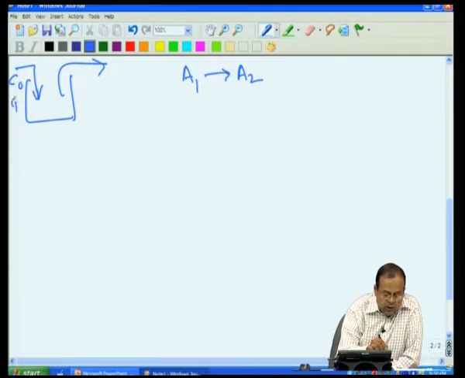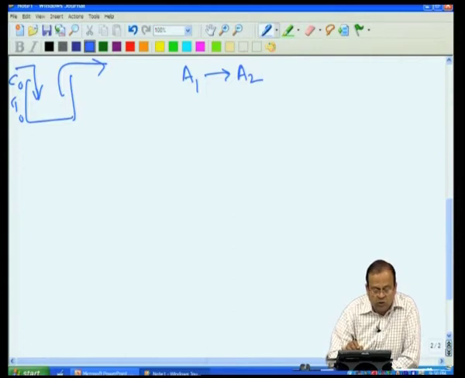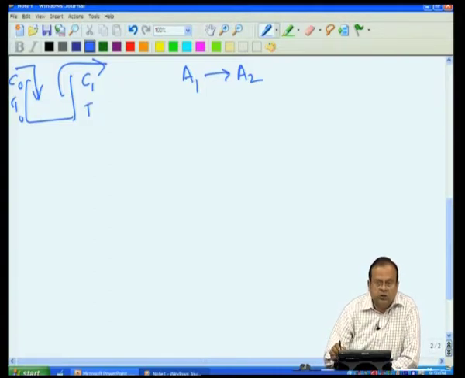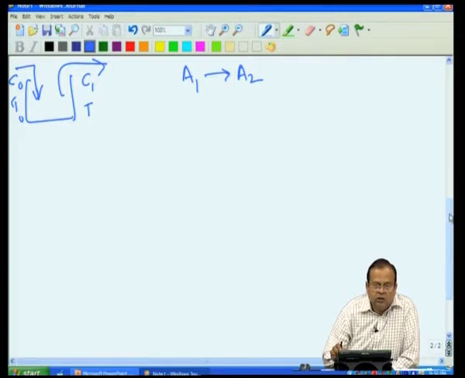C0 and T0 are my inlet concentration and temperature, C1 and T are my exit concentration and temperature, and we will consider a steady state balance. So, accumulation is not there, it is equal to 0.